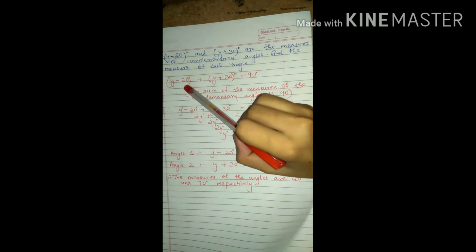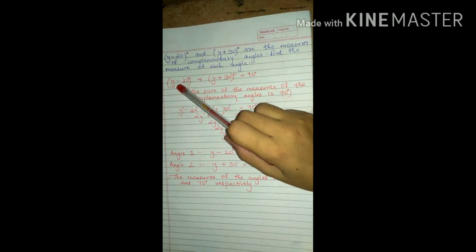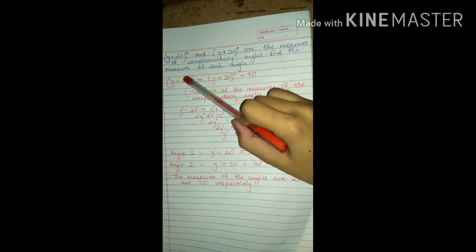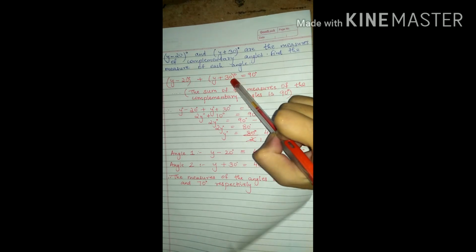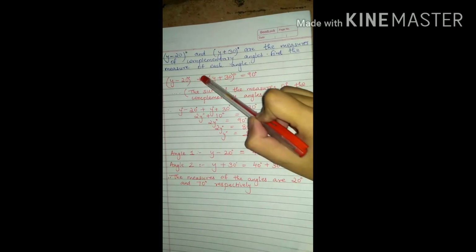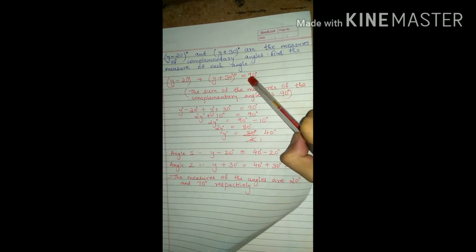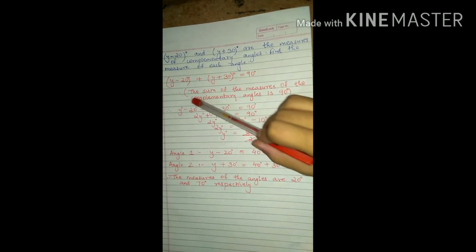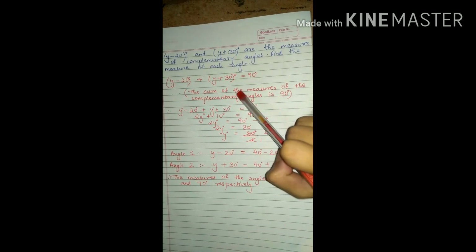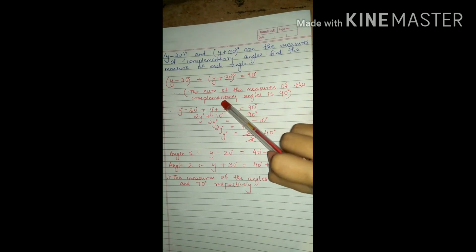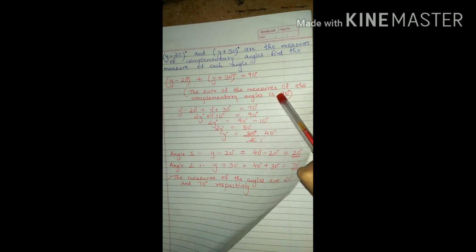90 degree. So we are writing in that format: y minus 20, angle 1, plus y plus 30, angle 2. See, put the brackets properly, equals 90 degree. Why? The reason is the sum of the measures of the complementary angles is 90 degree.